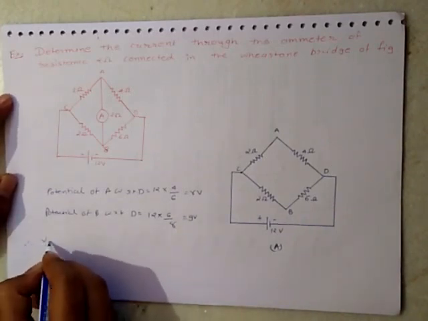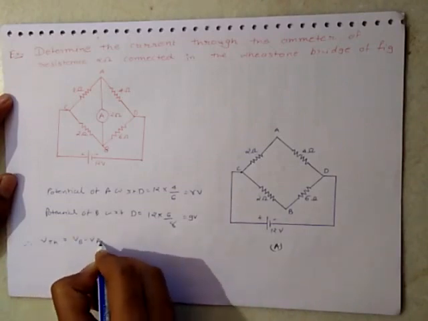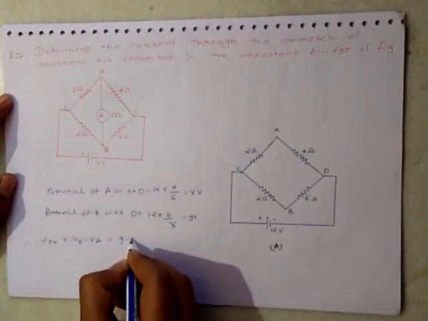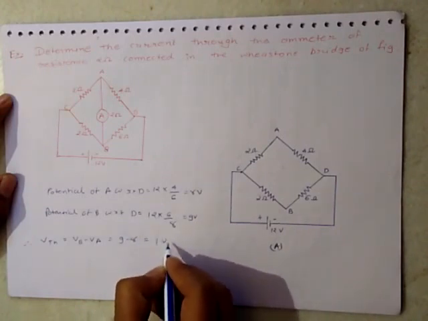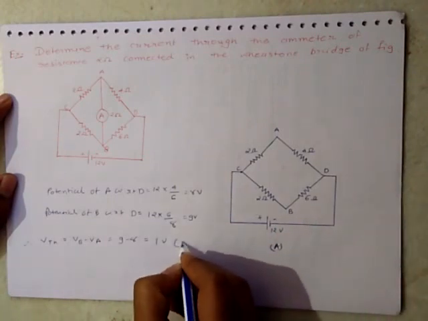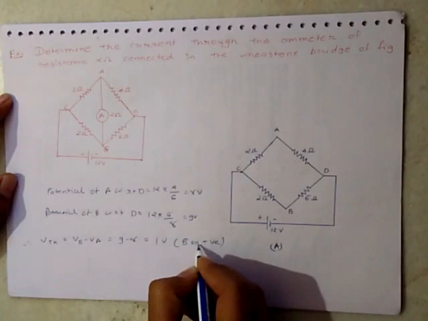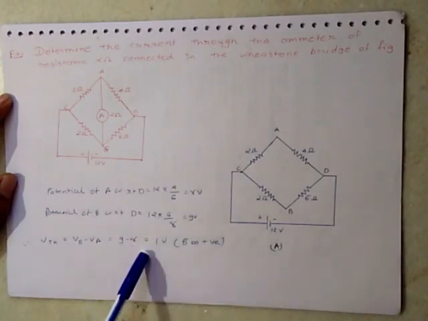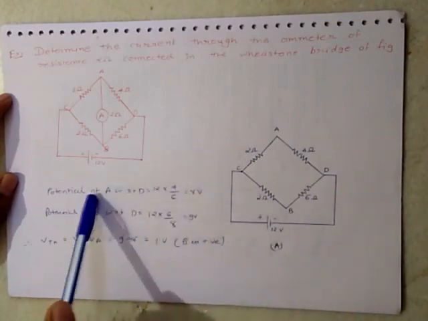Therefore, the Thevenin equivalent voltage will be equal to VB minus VA, which is 9 minus 8, which is equal to 1 volt, with B positive. Here B is positive because we have considered 9 minus 8, as the potential of B is higher than the potential of A.